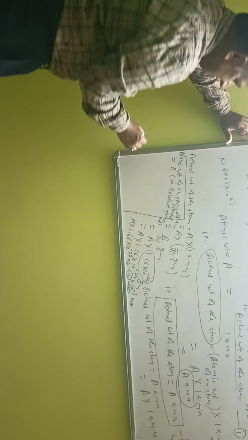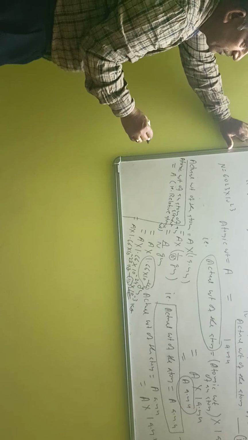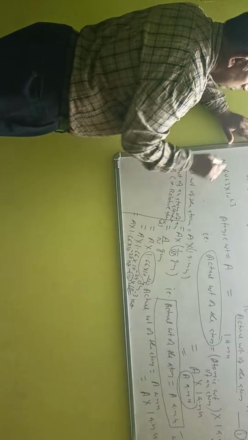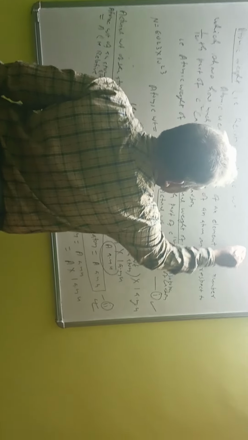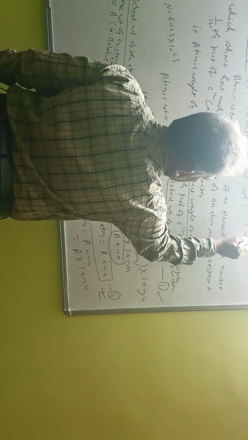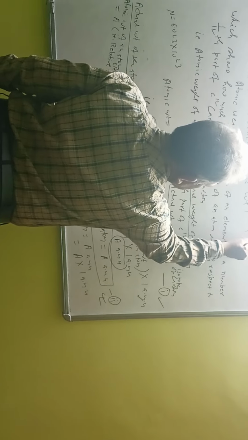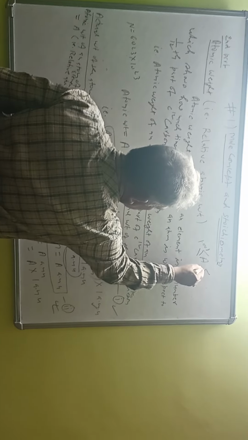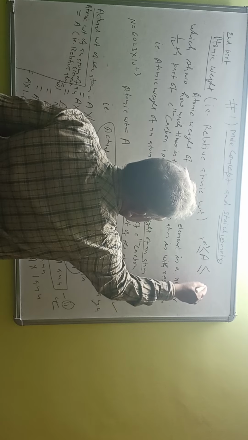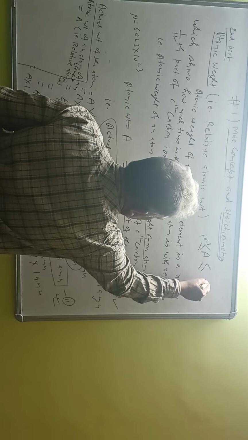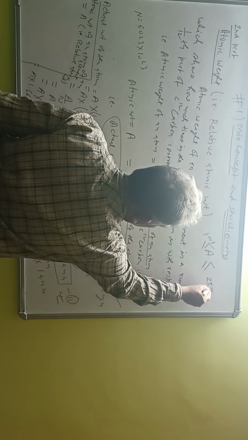Simply you write A. And if you go through the periodic table, the value of the atomic weight oscillates between a minimum of 1, or 1.008 for hydrogen, and at the last, for lawrencium, 257.